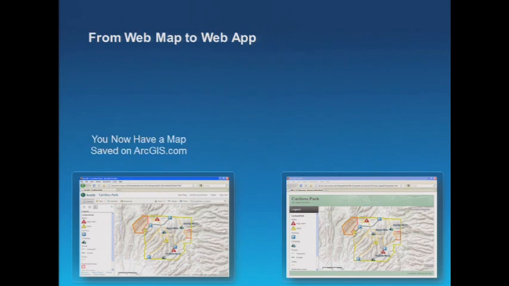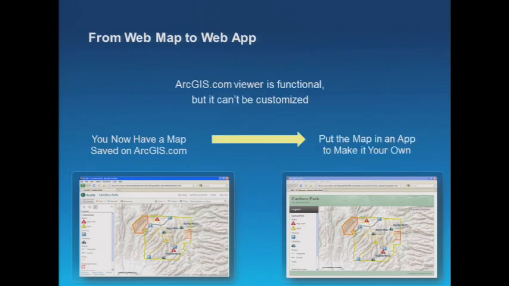Okay, so now that you saw we created a web map, what if you say, well, the web map, I need to maybe create a more custom look and feel. What are some of the things that are available at my disposal? ArcGIS.com, the viewer, it's non-extendable. What you get is pretty much what you see in there. You can add content, you can configure pop-ups, but what if you want to have some kind of branding where you want an application?